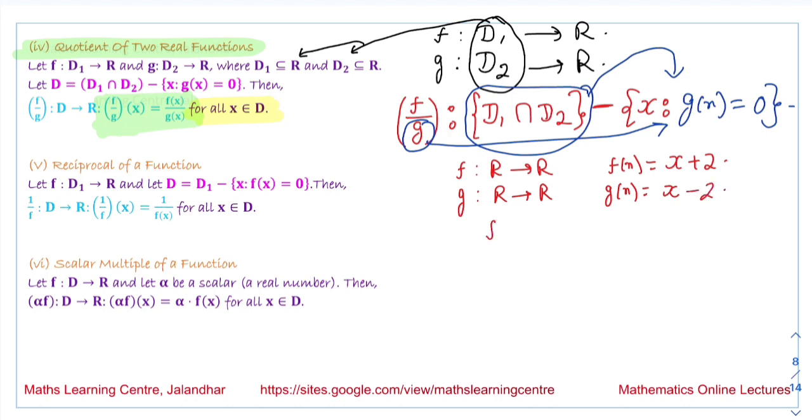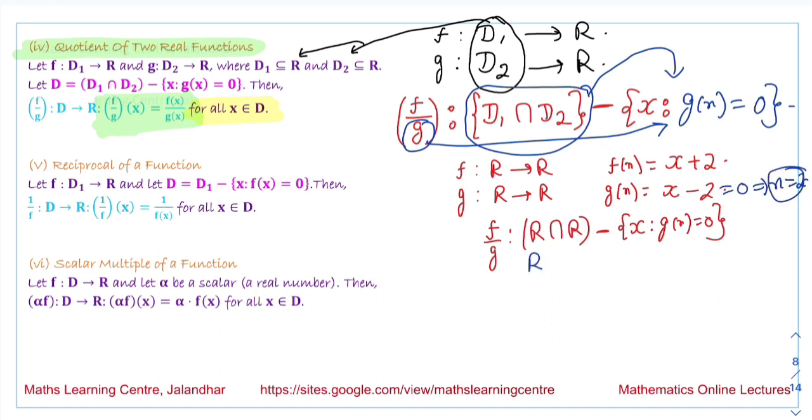Now when we are defining the function f by g, the domain of that function is r intersection r minus those points of x for which gx is equal to 0. We are equating gx is equal to 0, so x is equal to 2. So this r intersection r is r minus the point 2. So this is the domain, and the codomain is r.